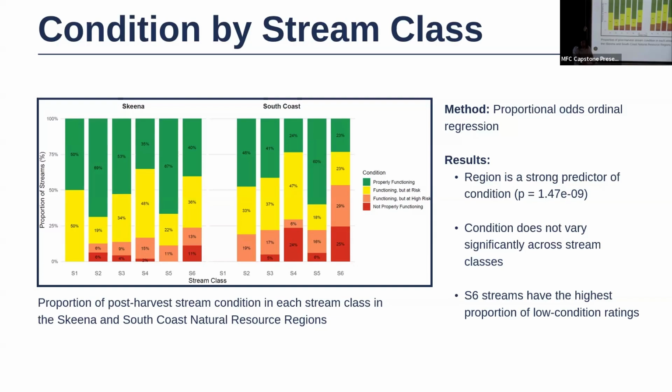However, stream class, as well as the interaction of region and stream class, did not show significant associations with condition. This suggests that stream condition does not vary significantly across stream classes between the regions. While not significantly different, the stacked bar chart shows that S6 streams in both regions do have a slightly higher proportion of streams in these lower condition categories.